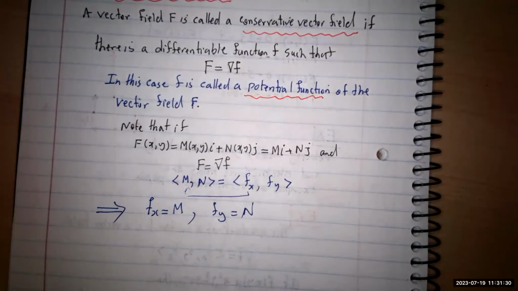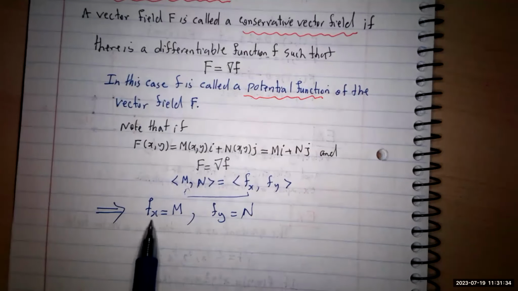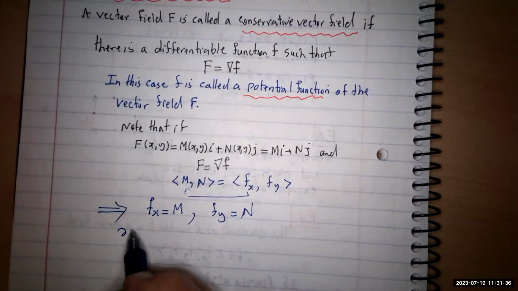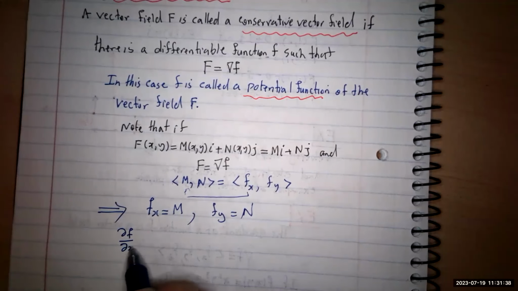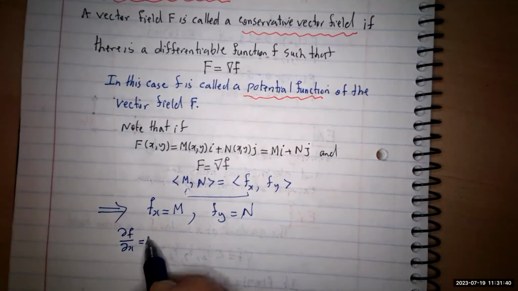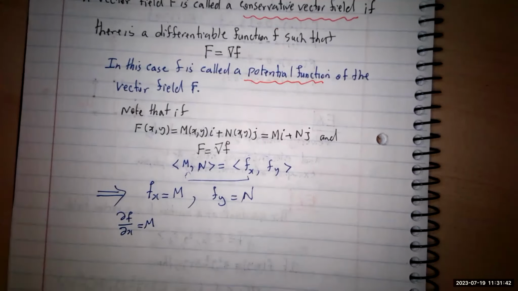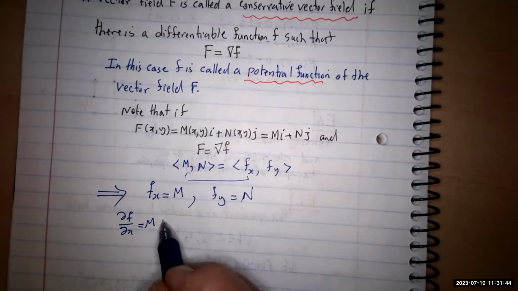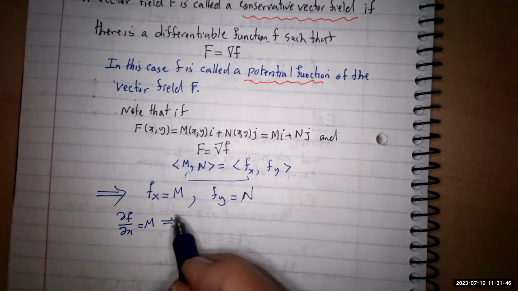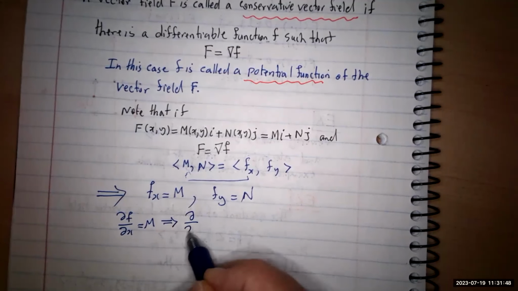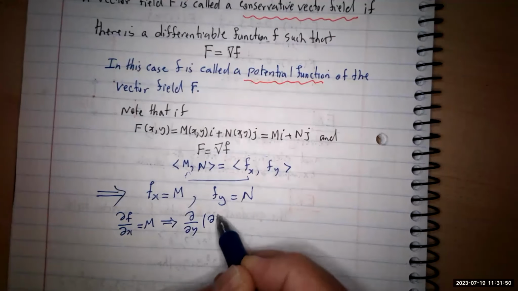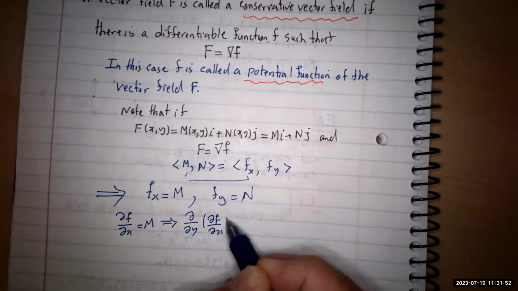Okay, now let's go a little bit more. So this means in practice ∂f/∂x is equal to m. Let's differentiate with respect to y. If you differentiate with respect to y, that gives ∂/∂y of ∂f/∂x.